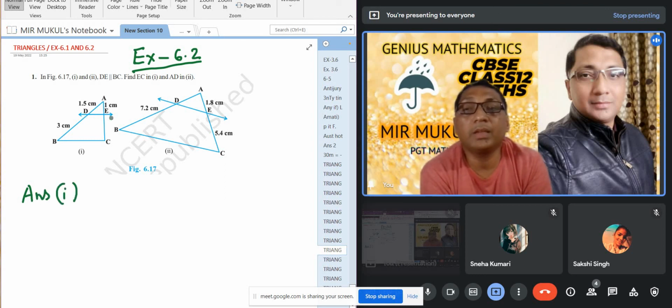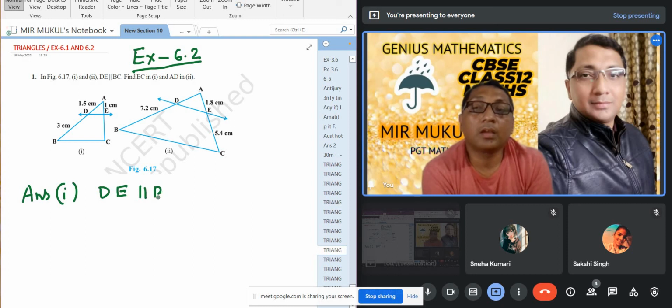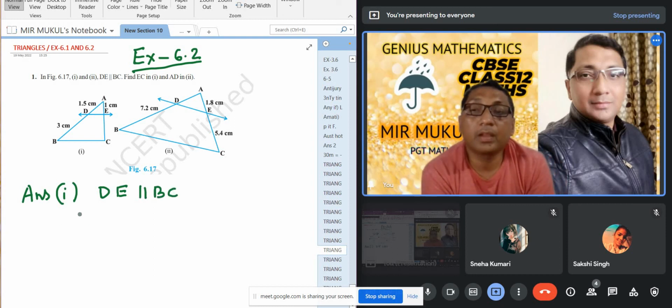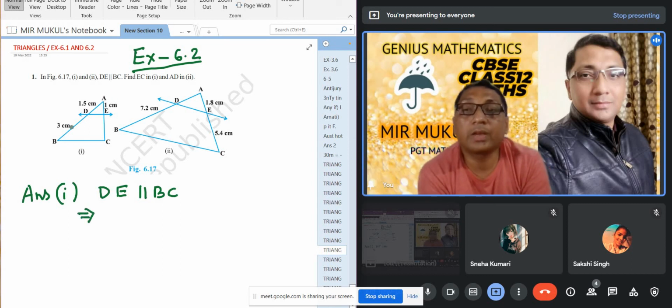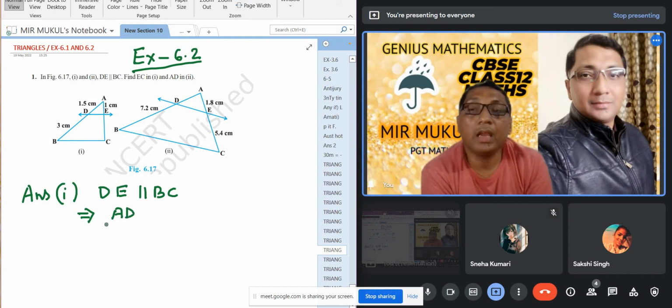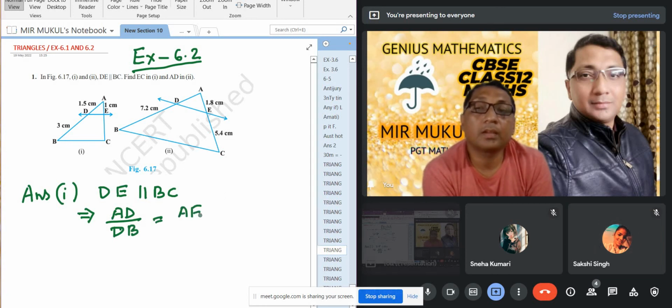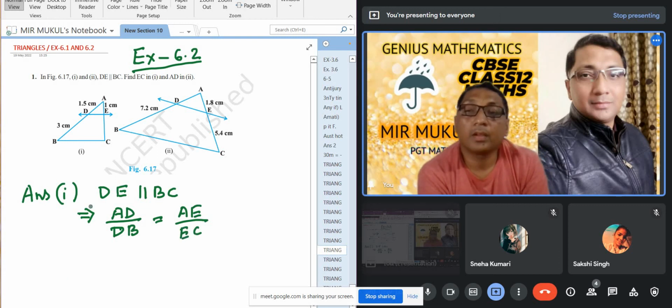In answer 1, look, DE is parallel to BC, it is given. So what can we say by BPT? AD by DB is equal to AE by EC, right?